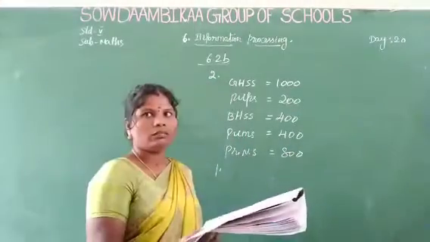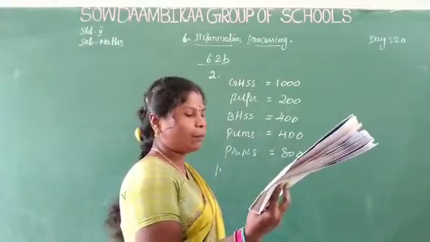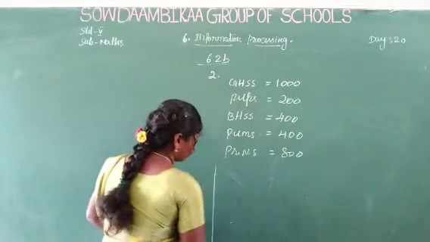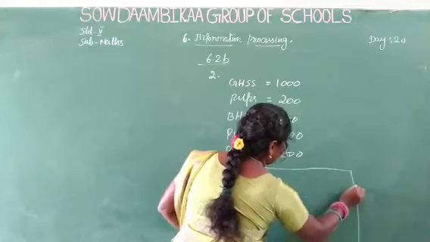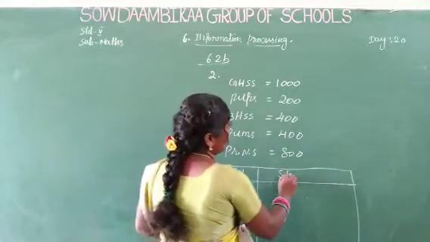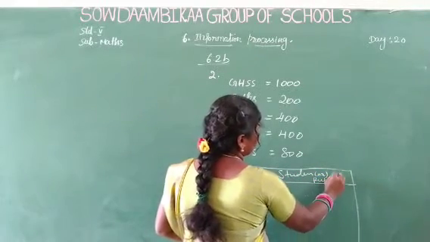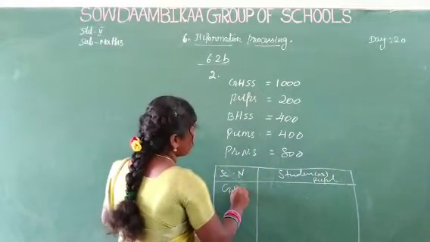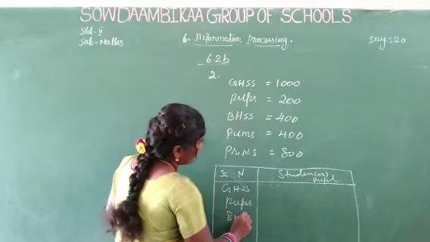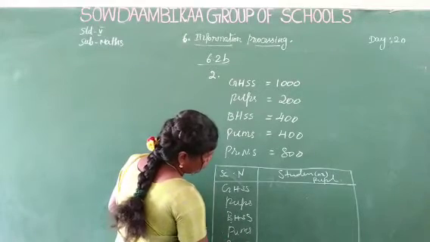Now say the answer. The first question: prepare a pictograph using a symbol to represent 100 people and answer the following questions. Now prepare the pictograph. School name and students. GHSS, PUPS, BHSS, PUMS and private nursery school.